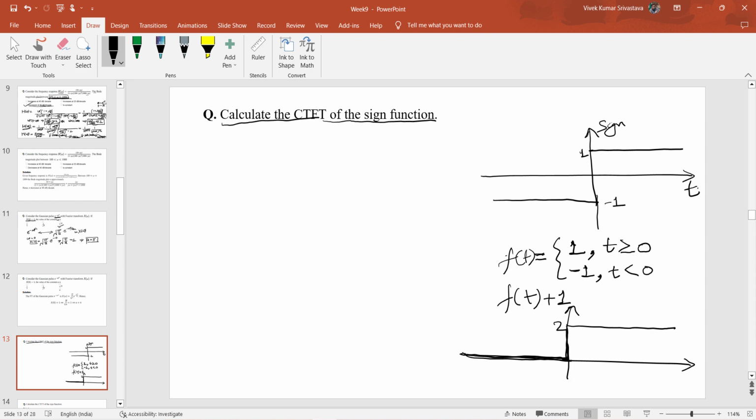Here I'm just trying to add a factor of 1 with the sine function. Once you add a factor of 1 with the sine function, you will get this kind of graph.